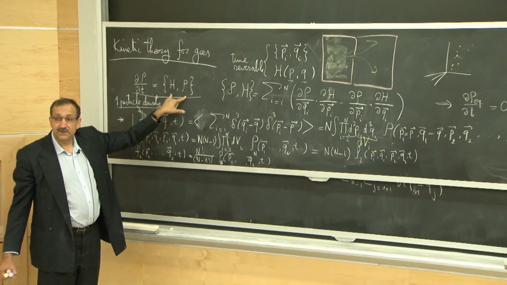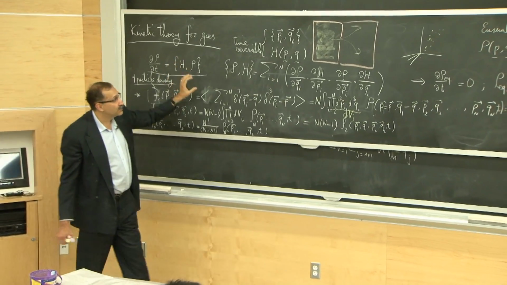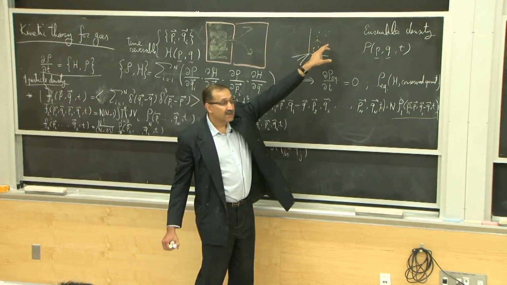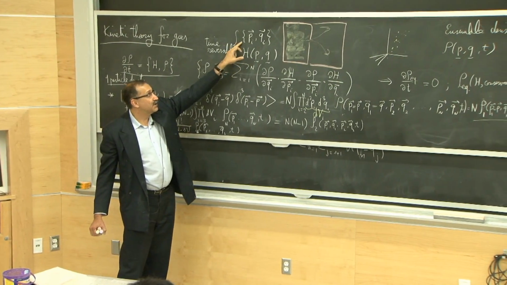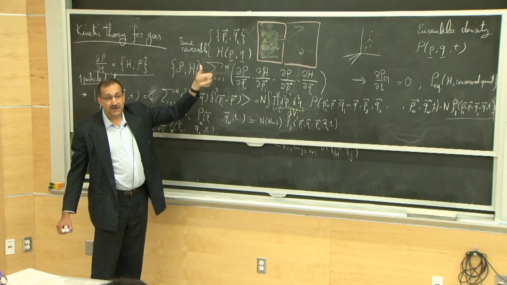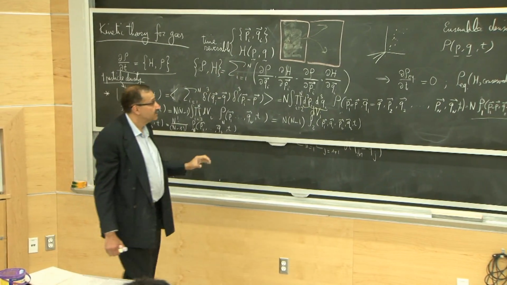And this was a consequence of the divergence-less character of the flow in this space. The equations that we write down over here for p dot and q dot in terms of h had this character that the divergence was 0.